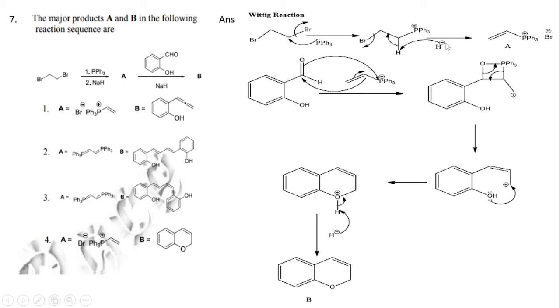Then there will be a hydride ion attack, and the hydride ion acts as a base here, so it leads to the release of this bromide ion, and here an alkene will be formed, so CH2 double bond CH single bond PPh3.